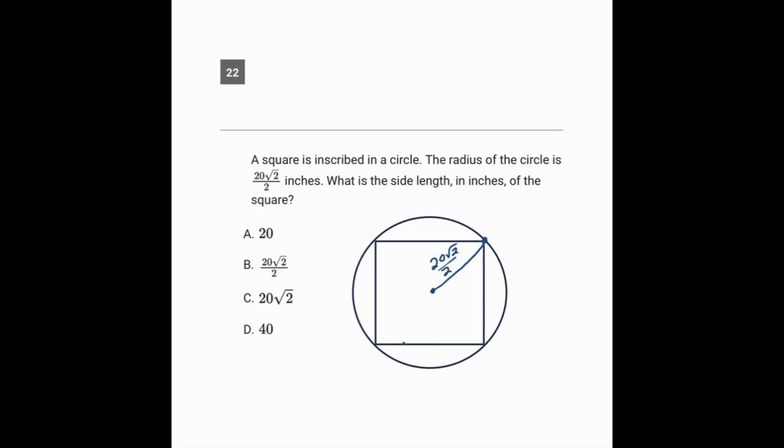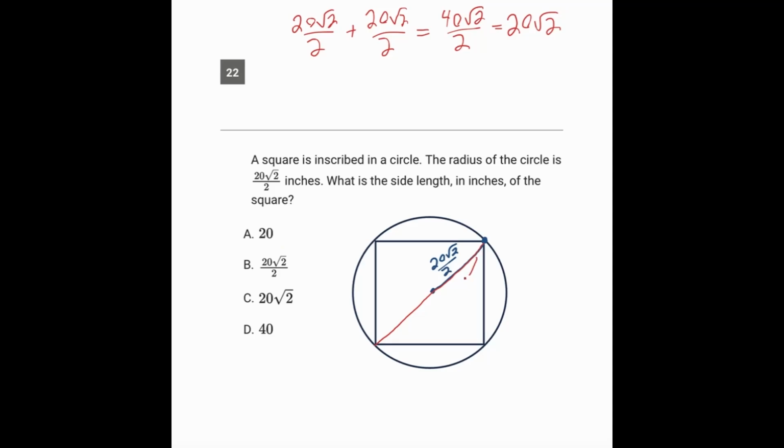Now, the way to relate that radius to the square is through right triangles. Because if that radius is 20 root 2 over 2, then this diameter is 20 root 2 over 2 plus 20 root 2 over 2, which mathematically is 40 root 2 over 2, and that simplifies to simply 20 root 2.